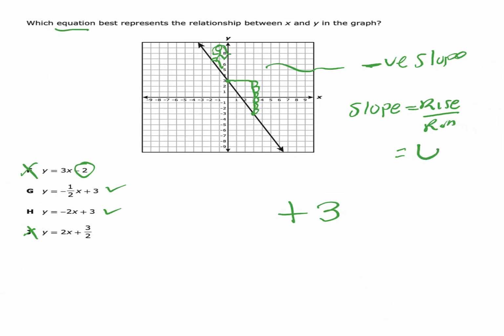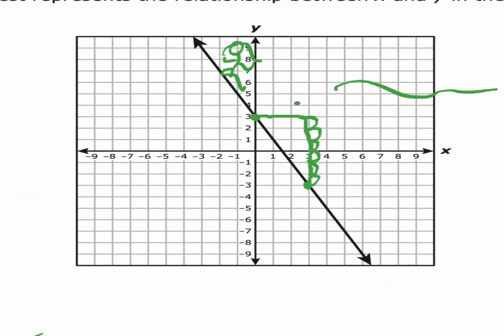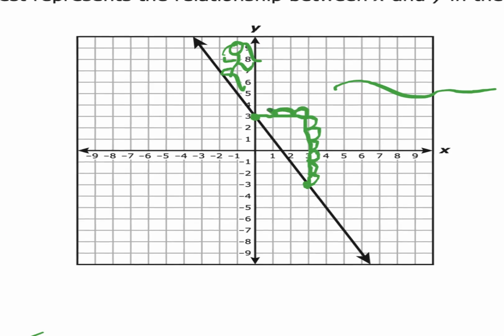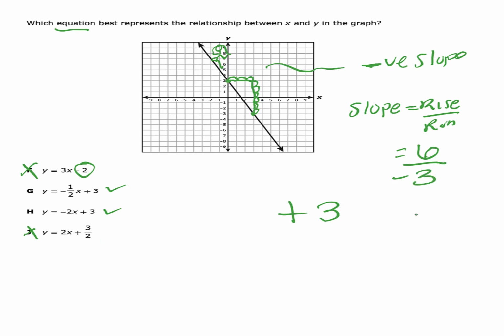So I'm rising 6. And I'm running, remember, I'm running to the left. So I'm going 1, 2, 3. So that's a -3. Okay, these are nice numbers. So 6 divided by -3 is -2. So my slope is -2, and that will have an x next to it. And who has a -2x? Yes. So my answer is H.